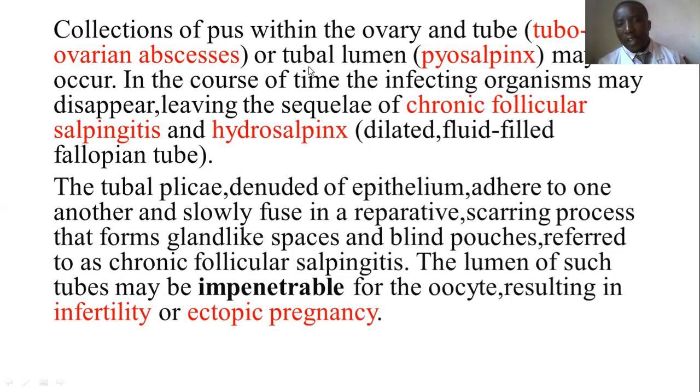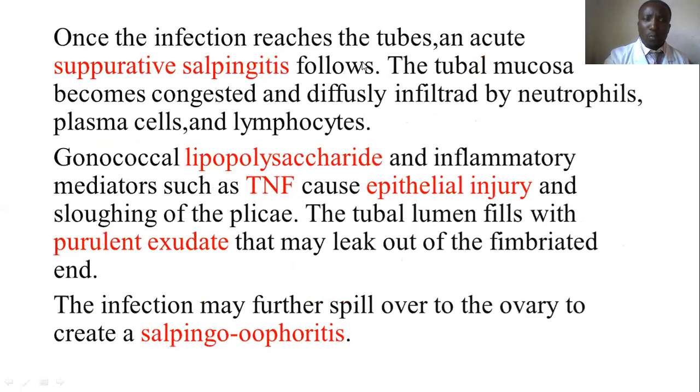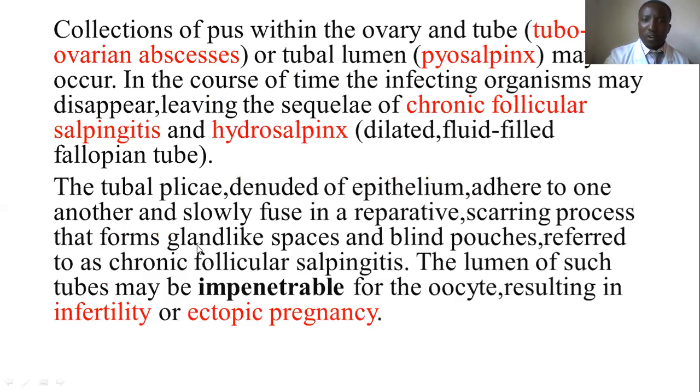Or we end up with a collection of pus, because of the suppurative inflammation resulting in a purulent exudate. We are going to end up with pus within the fallopian tube, and that condition is referred to as pyosalpinx, pyo referring to pus, salpinx referring to the tube.